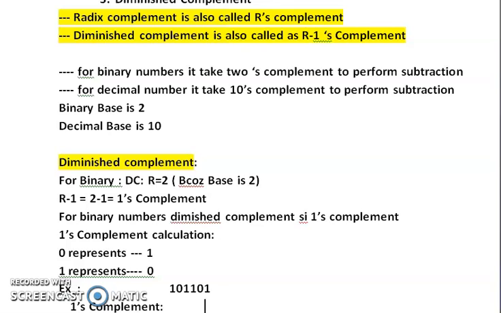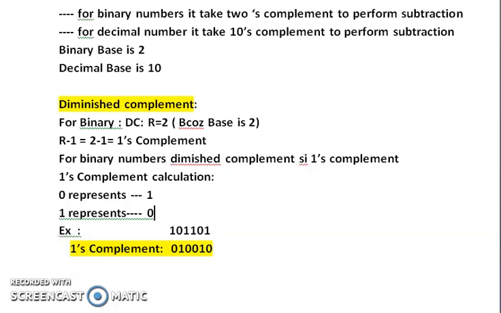Here the 1 becomes 0, the 0 becomes 1, and similarly you can do it for any number. So that is the one's complement value.